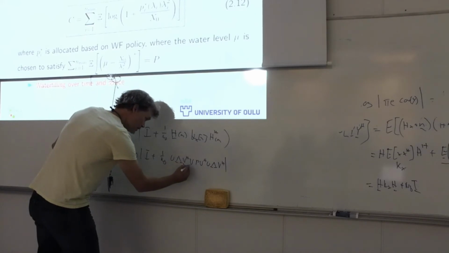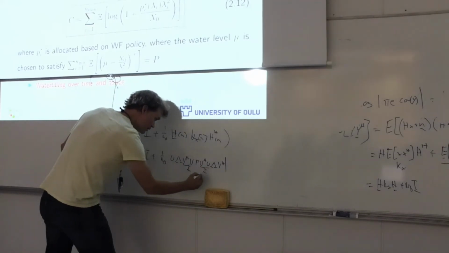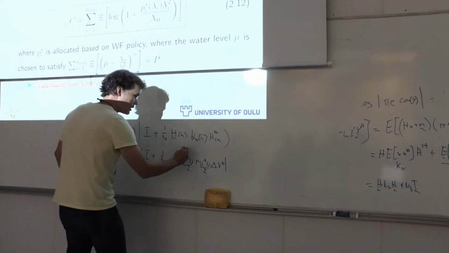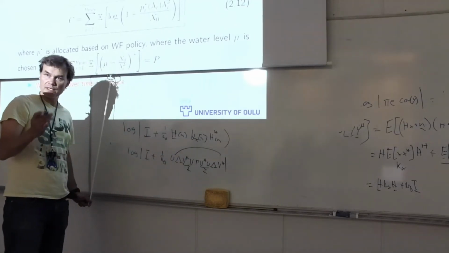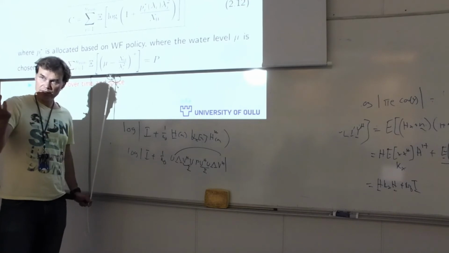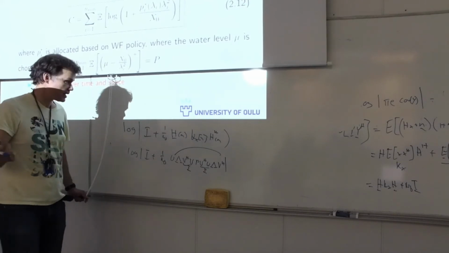This one here is the identity matrix, and we can use the same rule as previously, I plus AB equals I plus BA.